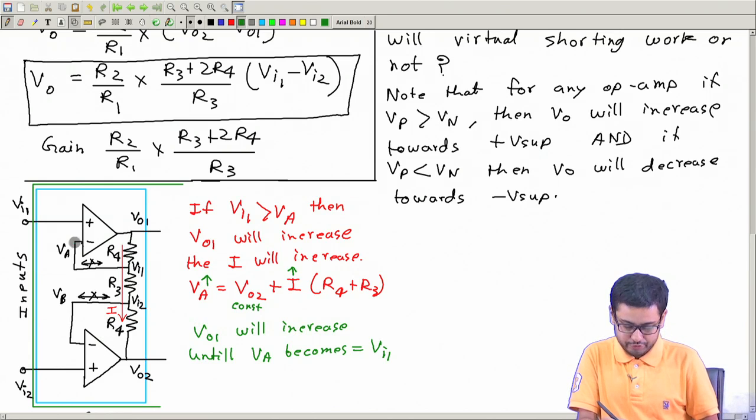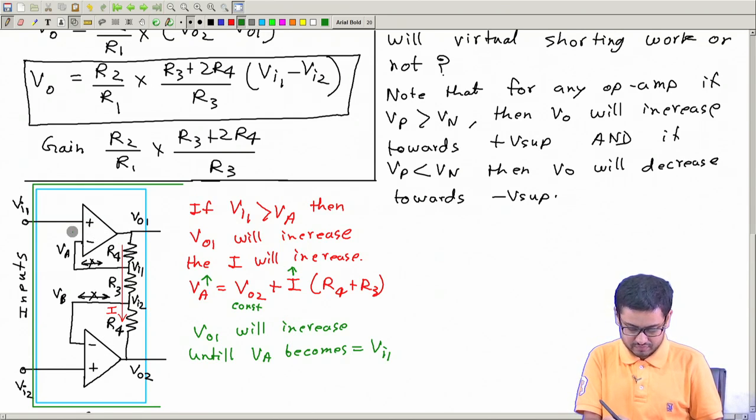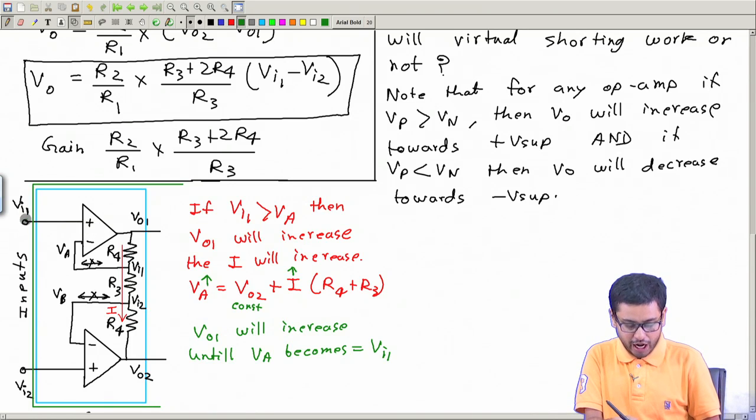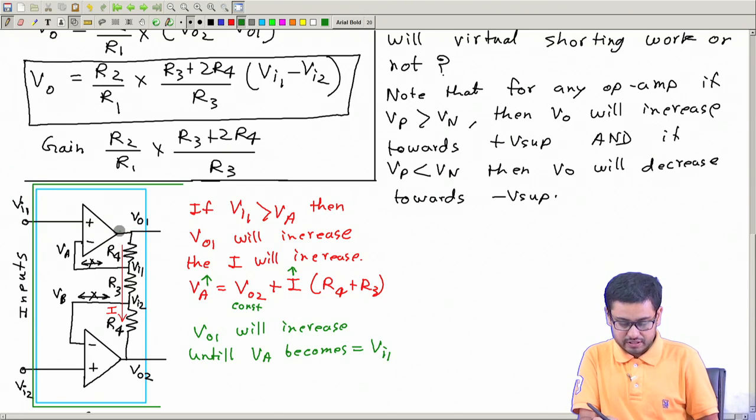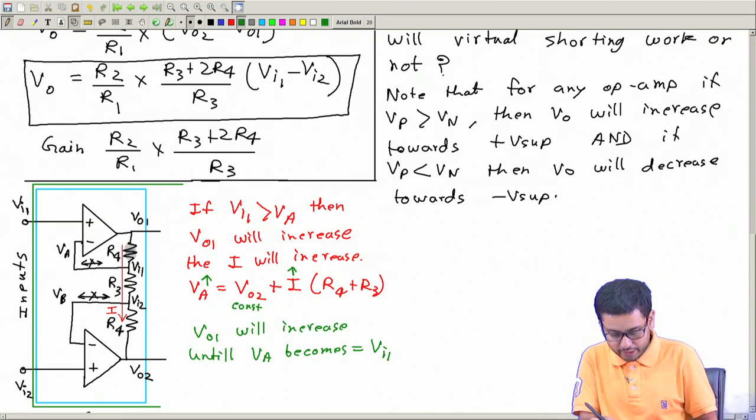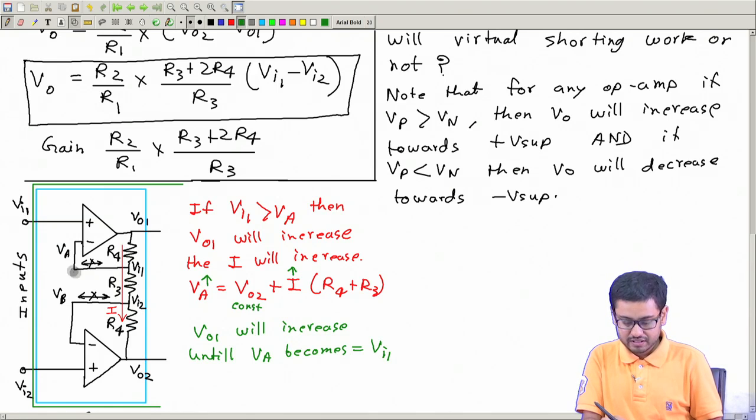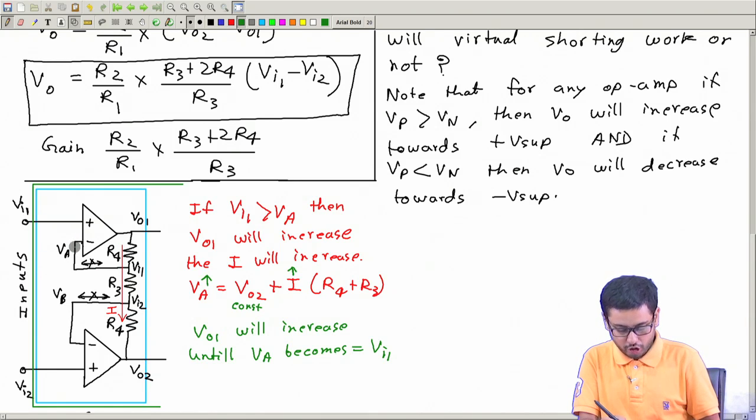And even if you increase the input further, this will cause the output to increase and it will make the Va also increase and get equated to Vi1.